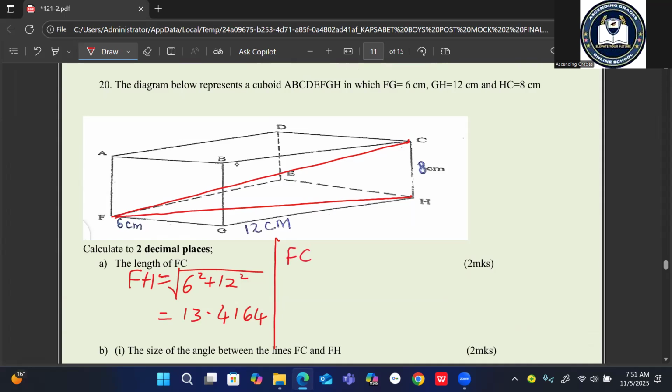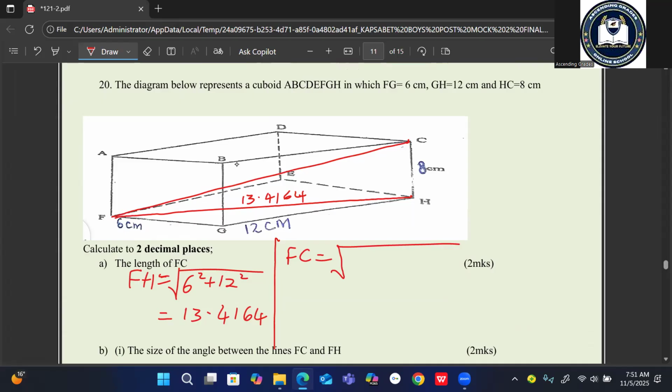So FC should be equal to, now we have 8 here and we have 13.4164 there. So you can still use Pythagoras theorem. That is the same as our hypotenuse.